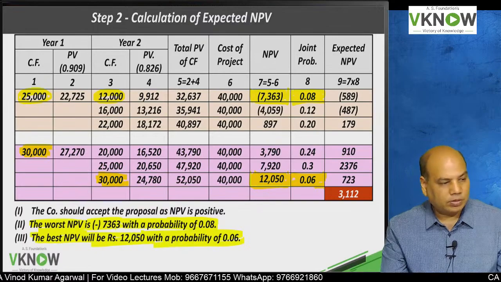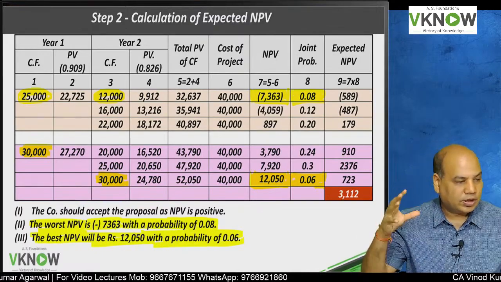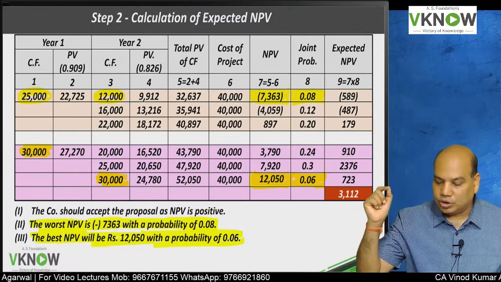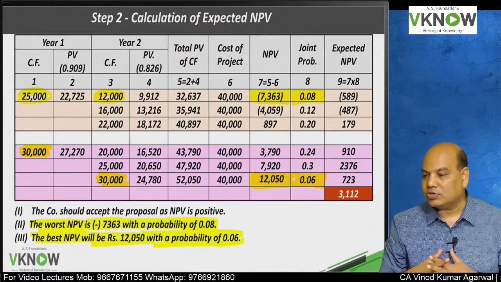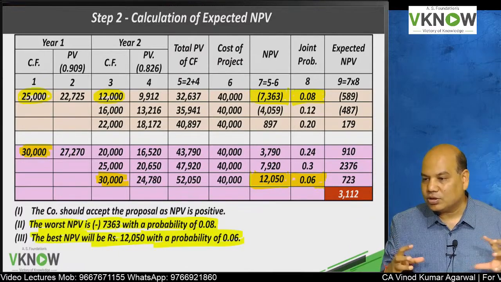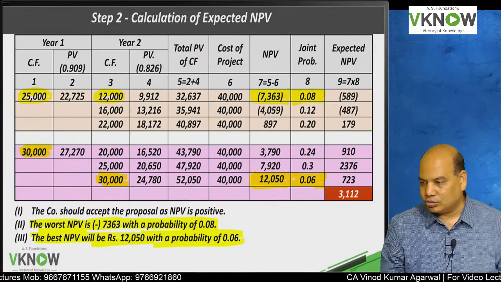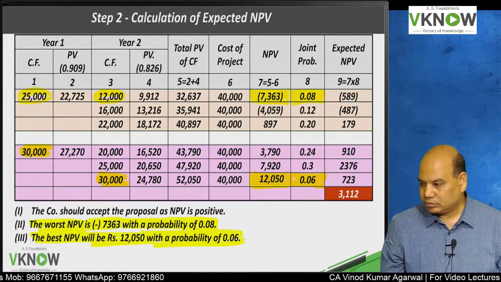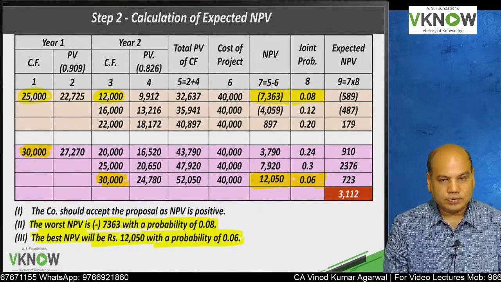That means you will go to 6th number path. What is the chance? The chance is only 0.06, 6% only. There is only 6% chance that you will have best cash flow in year 1 and best cash flow in year 2. So this is my answer for this wonderful question.